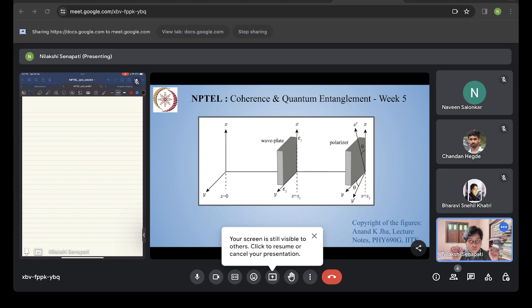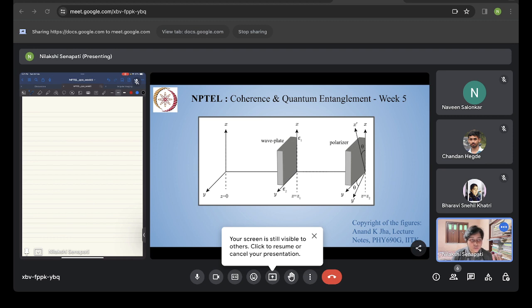Do you understand what polarization coherence is? To understand it, you can say that it is how electric field vibrations in one direction are correlated with the electric field vibrations in some other direction.